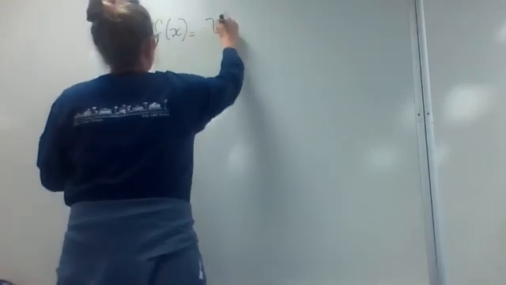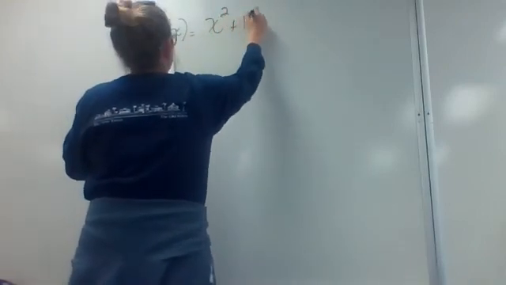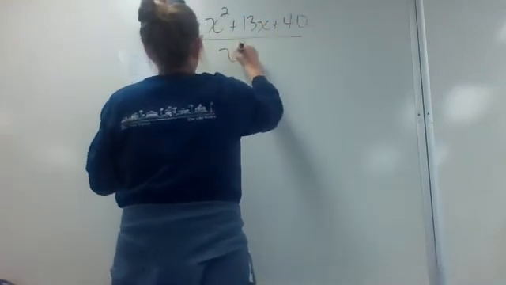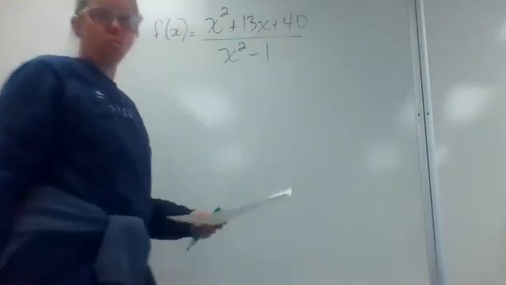F of x equals x squared plus 13x plus 40 over x squared minus 1.